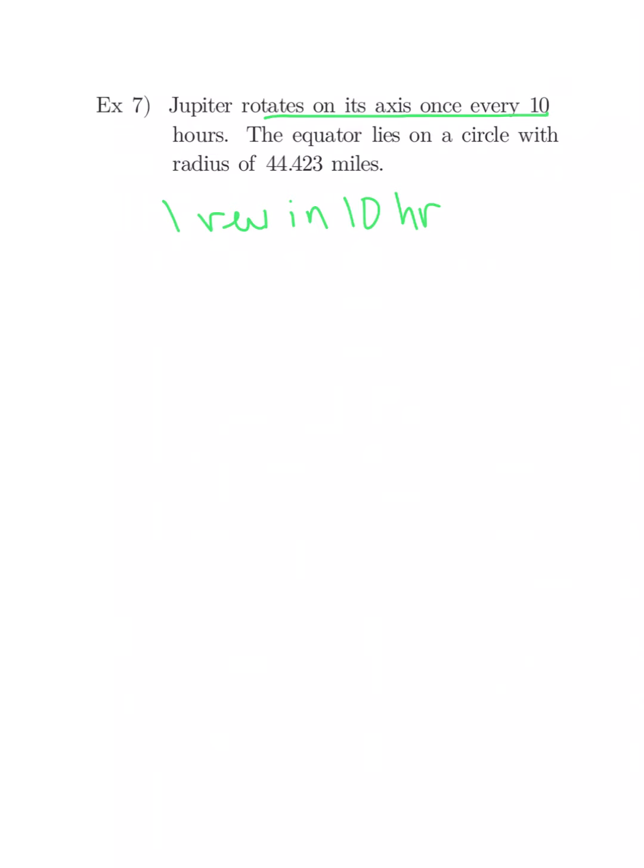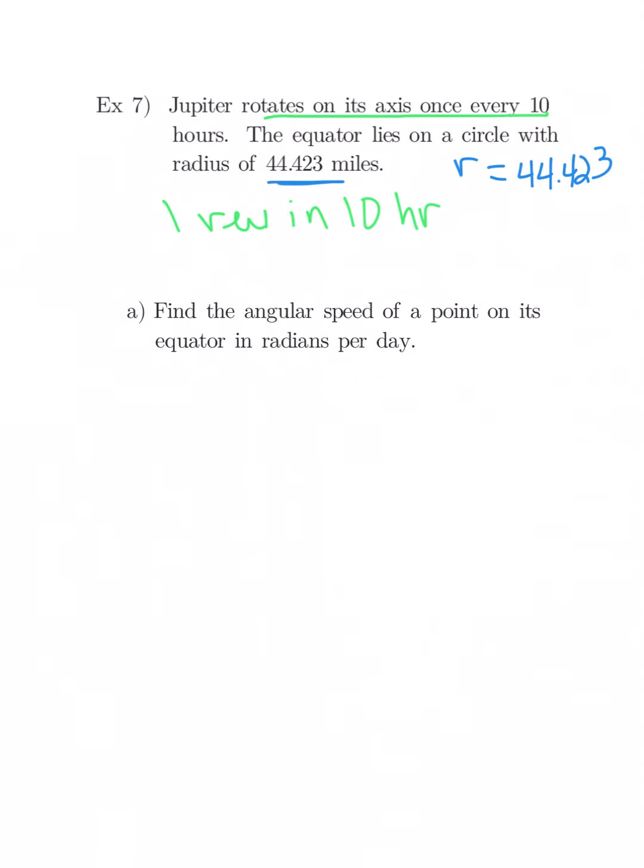That's what you need to understand about that. And then this, the 44.423, is R. Question A asks us to find the angular speed of a point on the equator in radians per day.